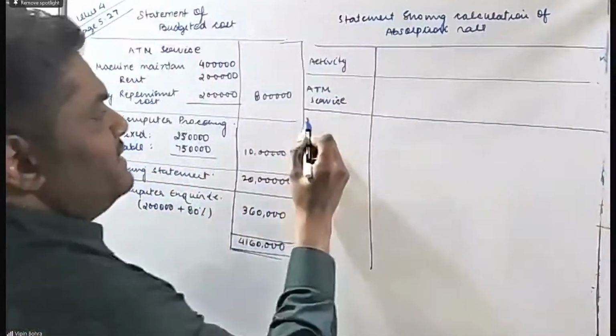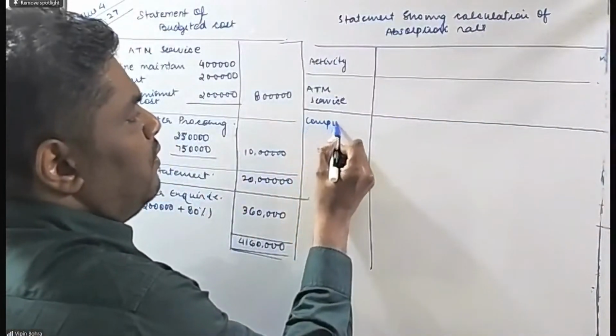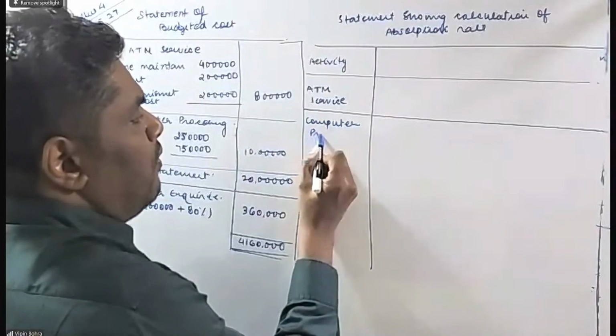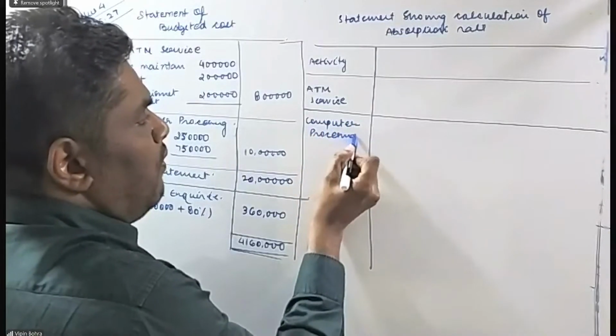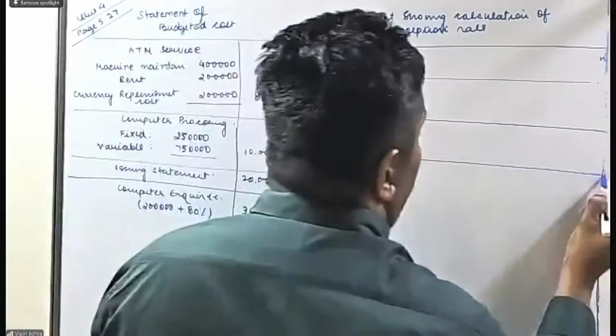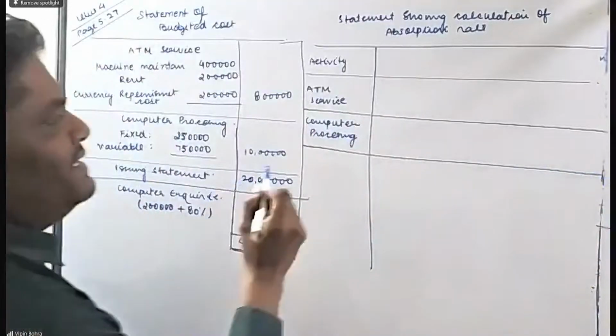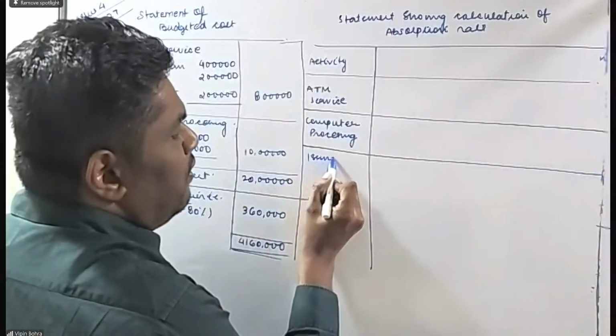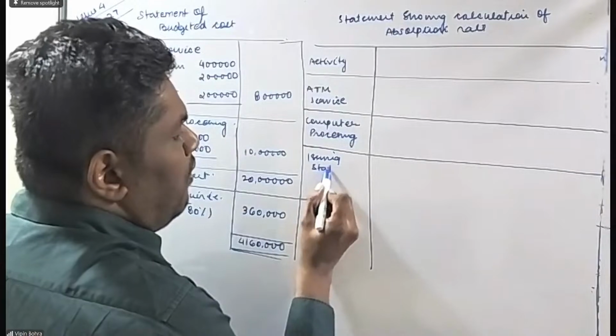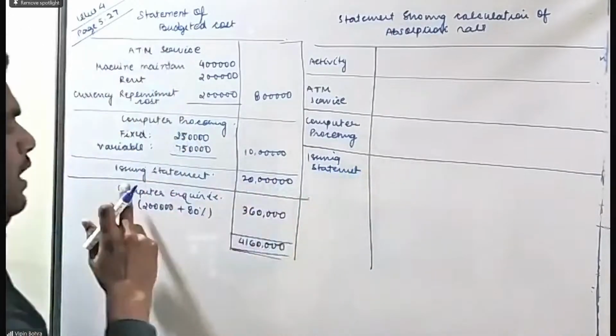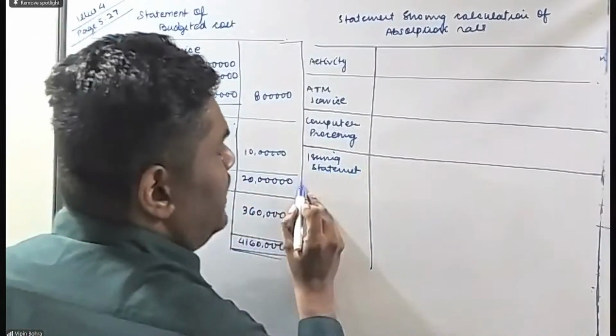The second activity is computer processing. My third activity is issuing statement. And my fourth activity is computer inquiries.